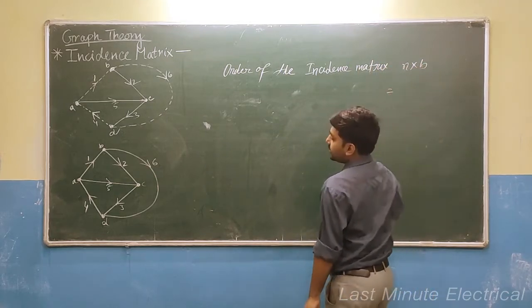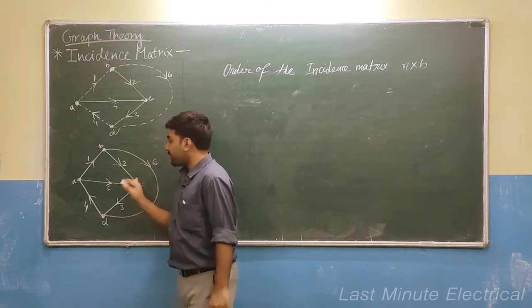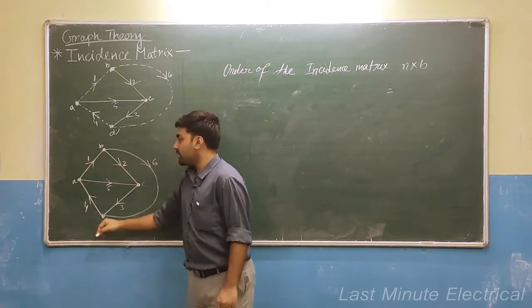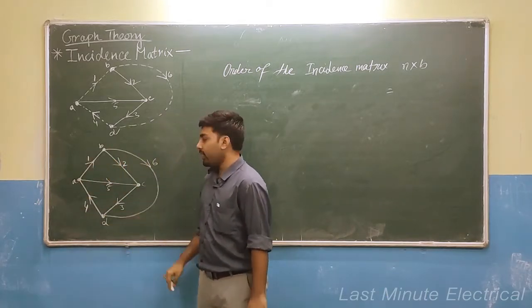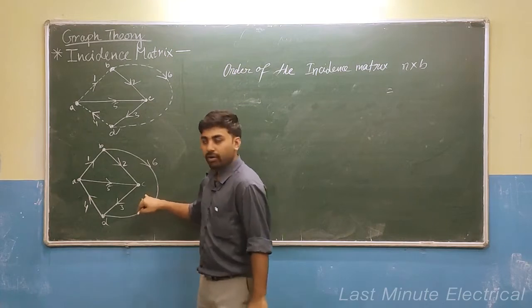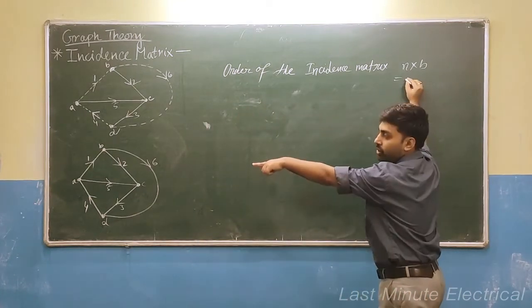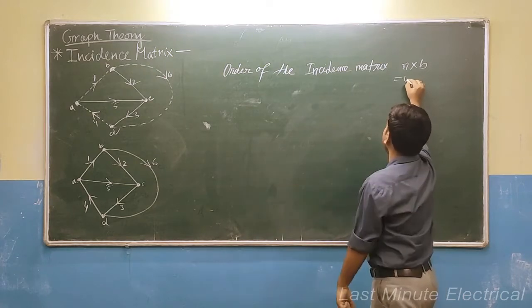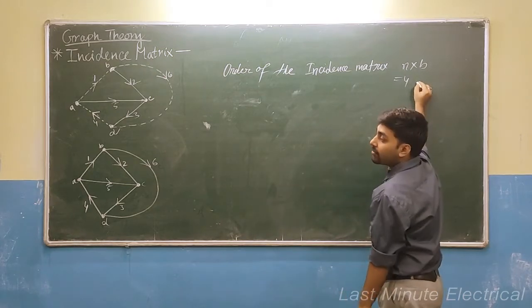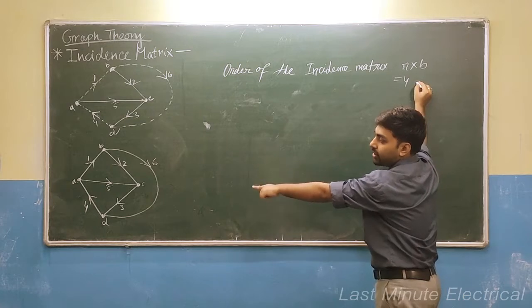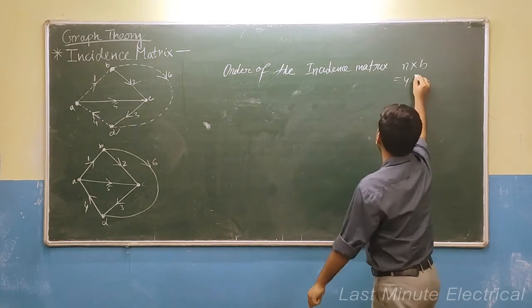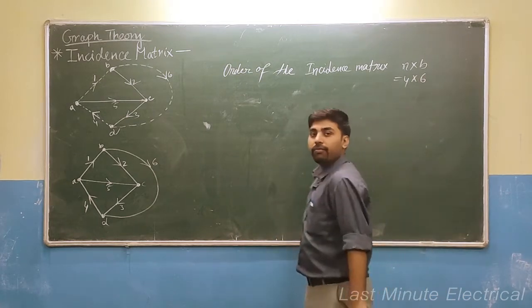You can clearly see I am drawing the incidence matrix from this given graph. The number of nodes you can clearly see: A, B, C, D. Number of nodes is 4, and number of branches, 1, 2, 3, 4, 5, 6, so 6 branches are present. So it will be 4 cross 6.